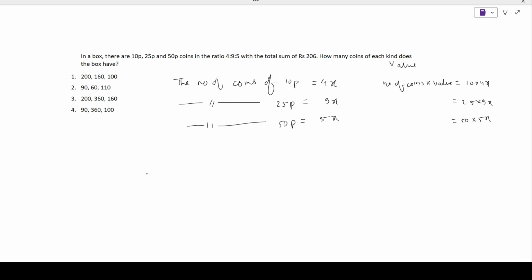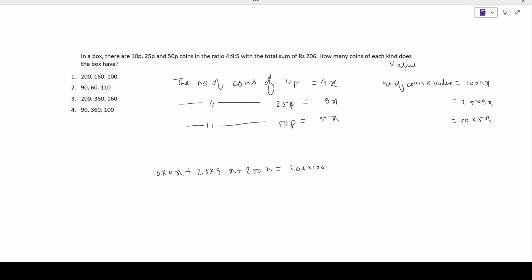Now we are told the total sum, that is 10 into 4x plus 25 into 9x plus 250x is equal to rupees 206, that is 206 into 100 paise.